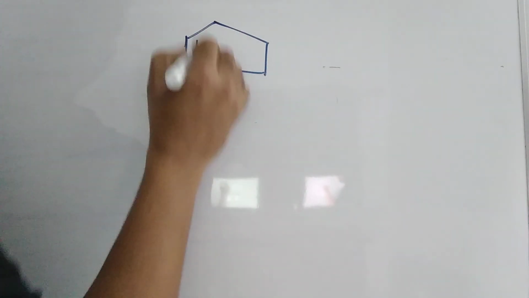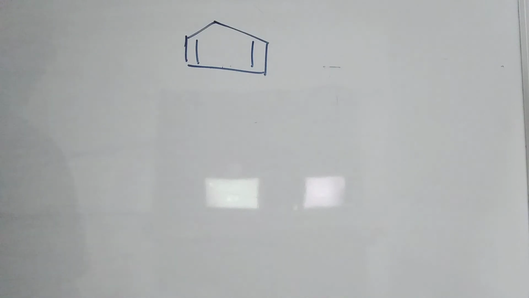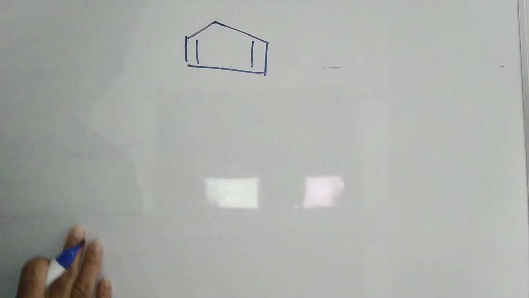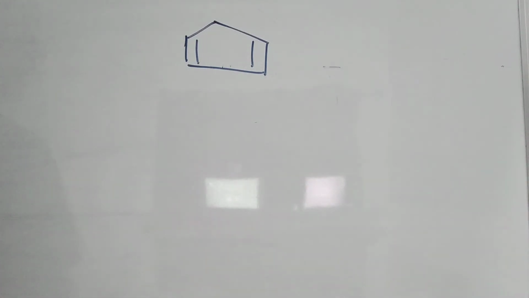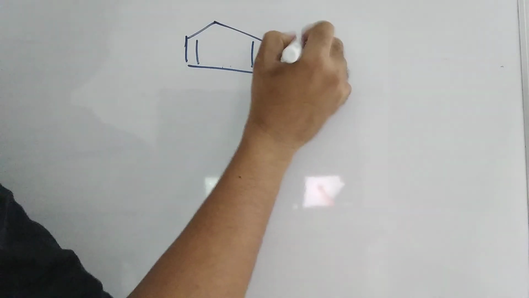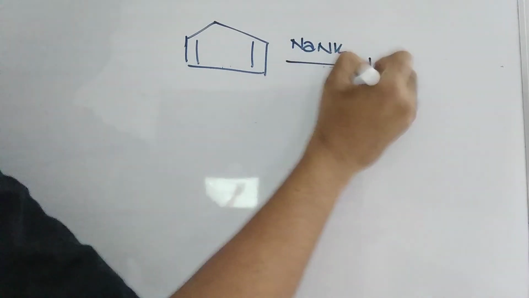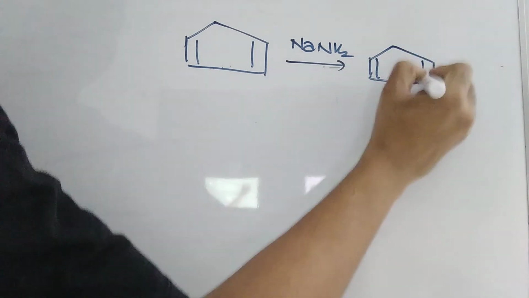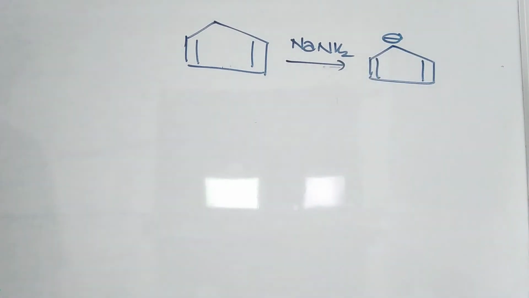Cyclopentadiene means you need to take it like this only, as you know the condition. In a ring, 2 double bonds cannot be side by side. So this is the only possible structure for that. There is no need to mention 1,3-cyclopentadiene. In this case, when you are using NaNH2, it is forming an anion like this.